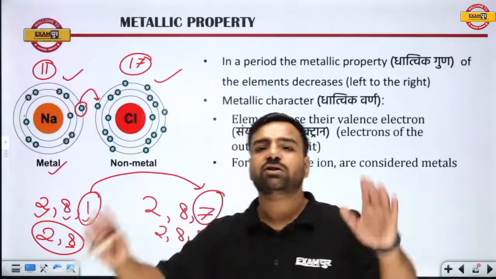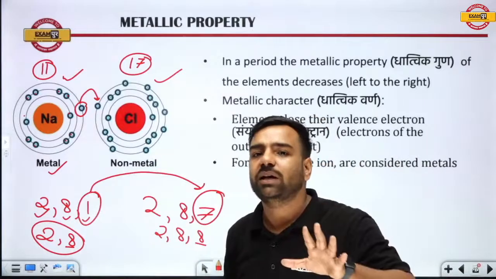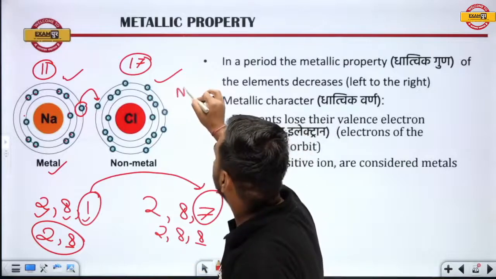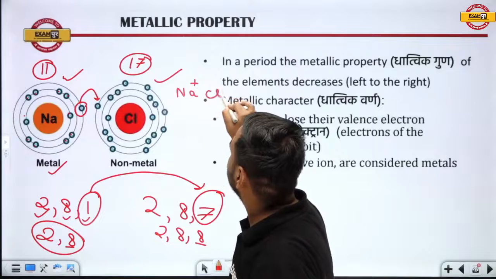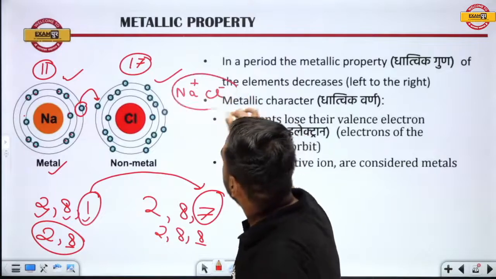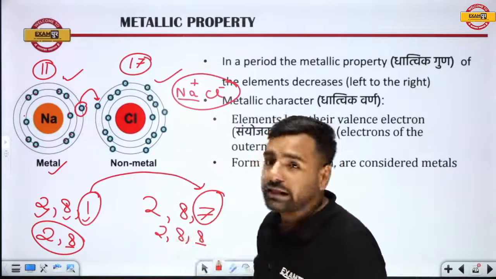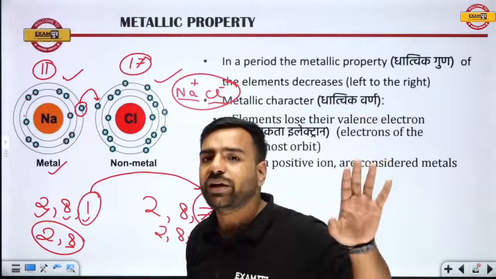For example, if I'm talking about a salt, sodium chloride, the same salt you're using in your food every day. Sodium chloride, NaCl. Na has given the electron, positive charge. Chlorine has taken the electron, negative charge. So whenever we write the formula, first of all we'll be writing the metal, then we'll be writing the non-metal. It's always there. Always. Fine.